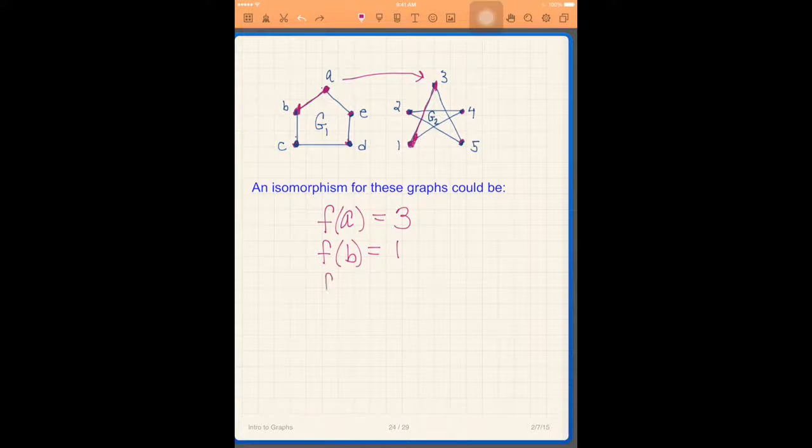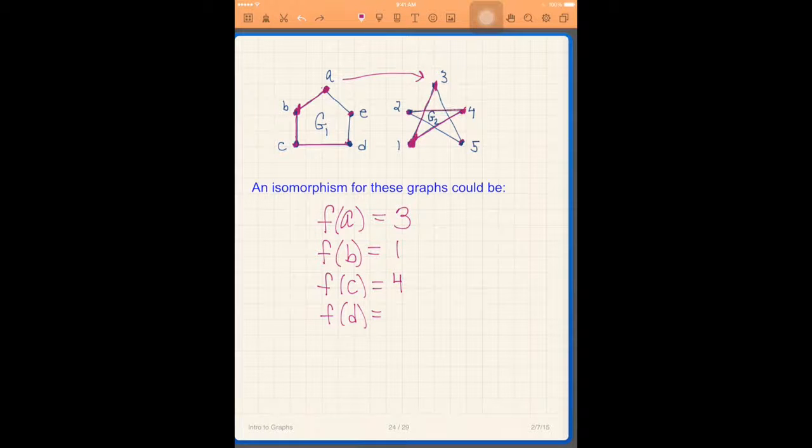And then what would f of C be? Okay, so once I am here at the 1, then I'm going down from B, so it has to connect from 1. So it's going to connect over to 4. So that one has to be a 4. What is your function going to map D to? So D is going to be that one-to-one correspondence now, so it goes from C to D. So remember, we're starting here at 4 now.